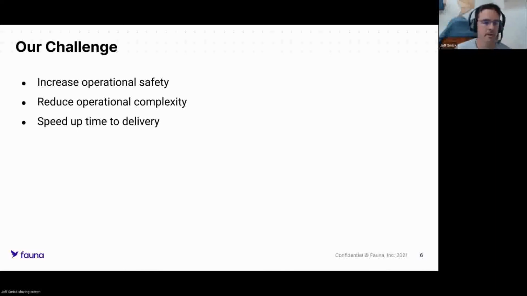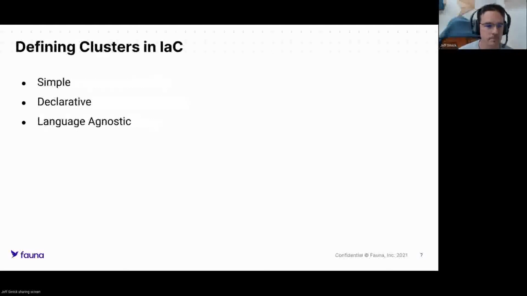So the first thing we wanted to do, knowing that we had multiple clusters, we needed to move to some sort of infrastructure as code solution. We wanted to build out these configurations that were simple and declarative and language agnostic.